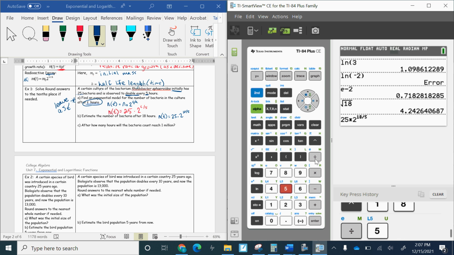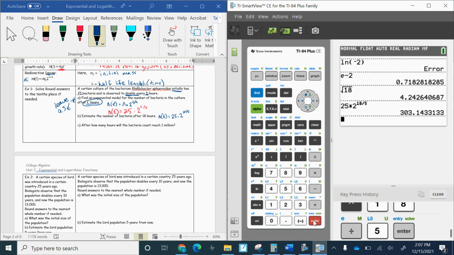Now, some of you need to put your exponents in parentheses because your calculator doesn't automatically bump that up there. Mine does, so I don't. Is about 303.14, nearest tenth, so 0.1 bacteria.